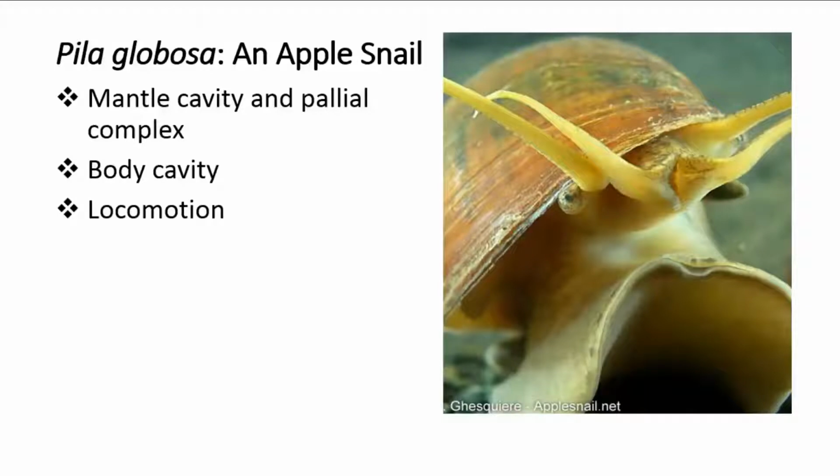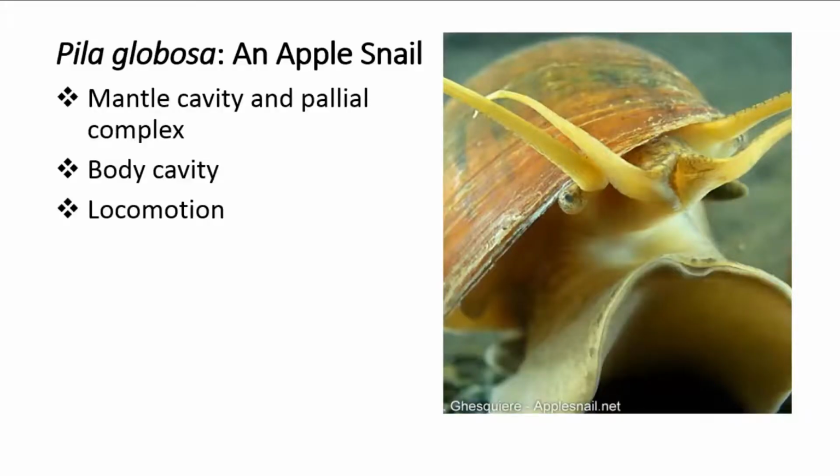In the structure of the body, we saw the head part, foot part, and visceral mass. I am repeating these points because to study the mantle cavity and pallial complex, body cavity, and locomotion, these points are very important to understand.